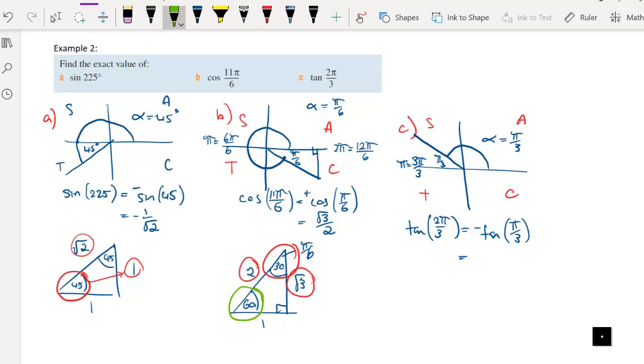And tan is opposite over adjacent, so we're looking at opposite of root 3 and adjacent of 1. So that means we end up with negative root 3 on 1, or just negative square root of 3. And that is it. So there's 3 examples where we're looking at calculating the exact value.